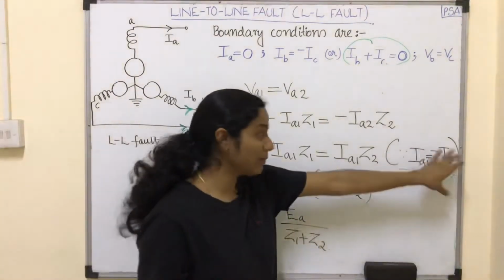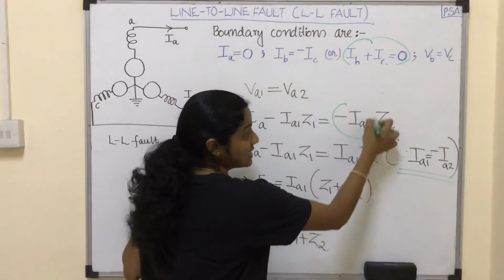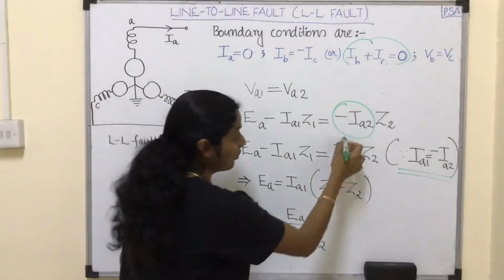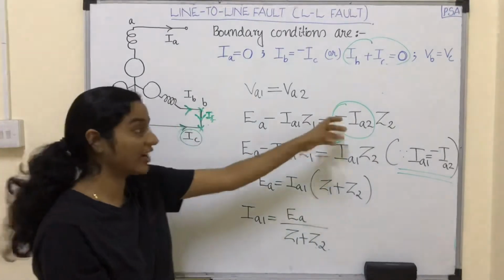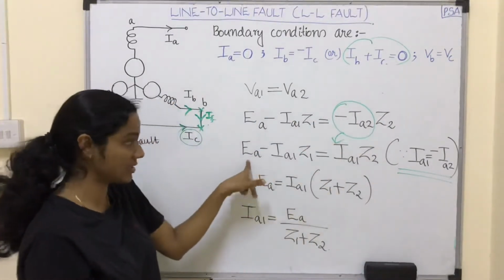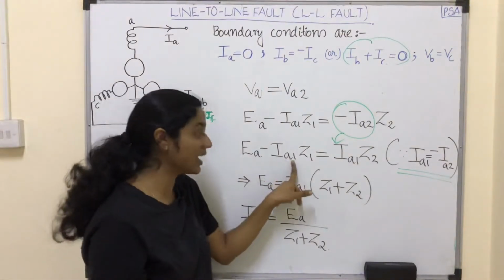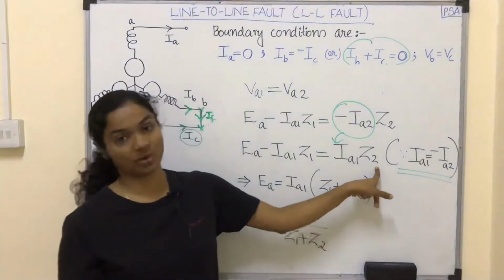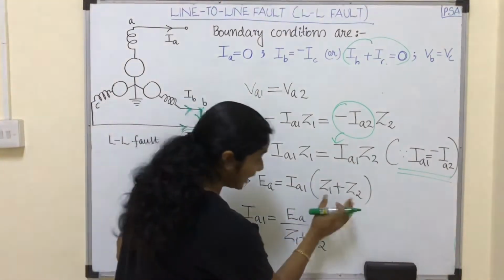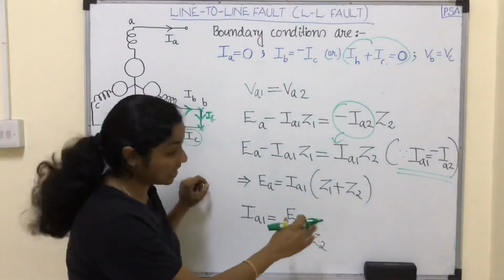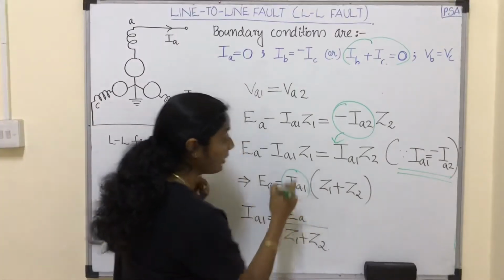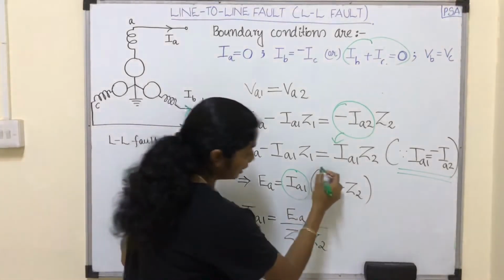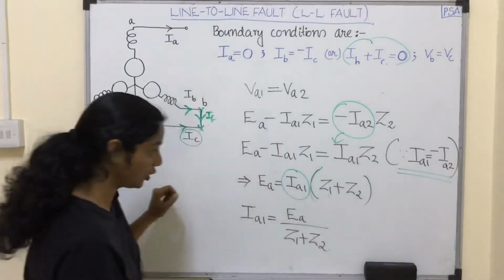So if I replace minus IA2 with IA1, we can rewrite this whole equation as EA minus IA1 into Z1 equal to IA1 into Z2. So in the RHS of this equation, we can take IA1 common, and in the bracket Z1 plus Z2.